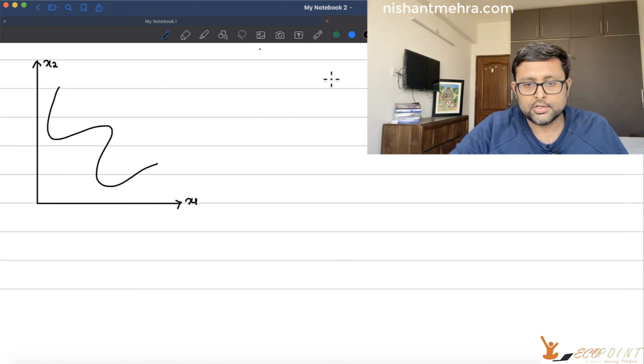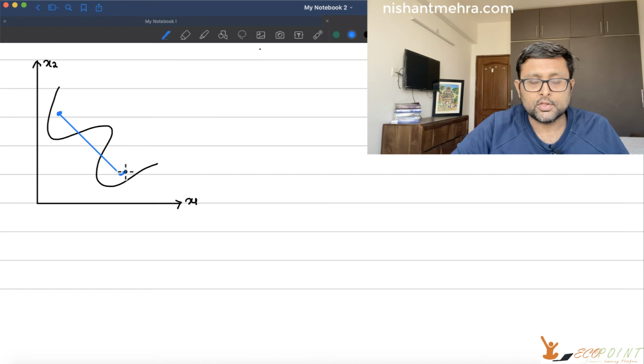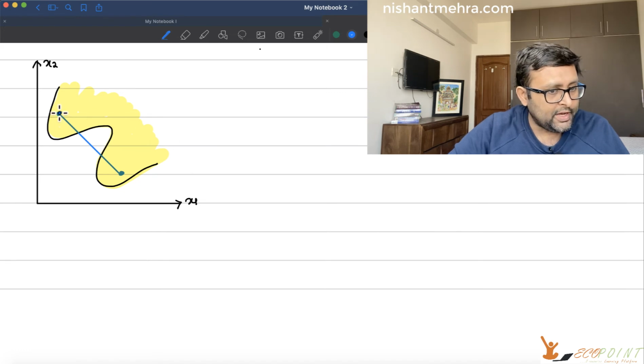So supposedly, if this is the utility function, I don't know how, but let's say if this is the utility function or the indifference curve, and you join them by a line segment, these 2 points. You've taken these 2 points in this. First of all, you have marked what is the weakly preferred set for this. So this is the weakly preferred set for this indifference curve, and you have taken 2 points on this weakly preferred set which I have just marked, and joined them by a line segment.